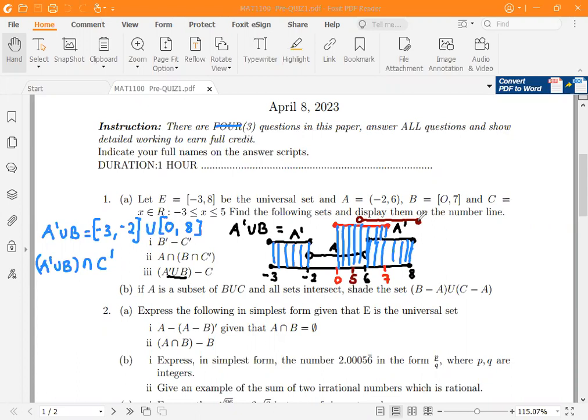So then we have this piece here. The intersection, remember? So it will be this piece. This piece is the intersection. Where is it starting from? Starting from 5.